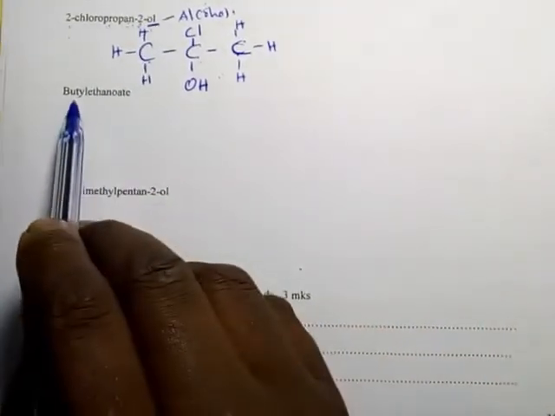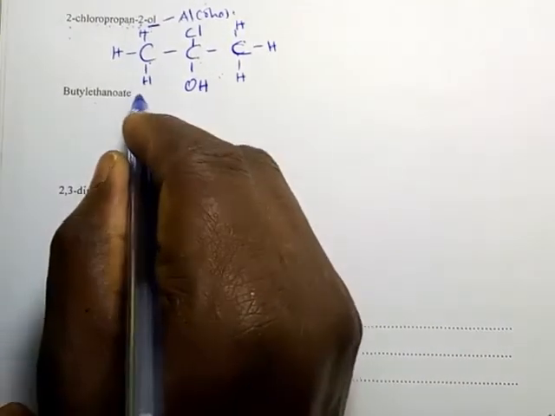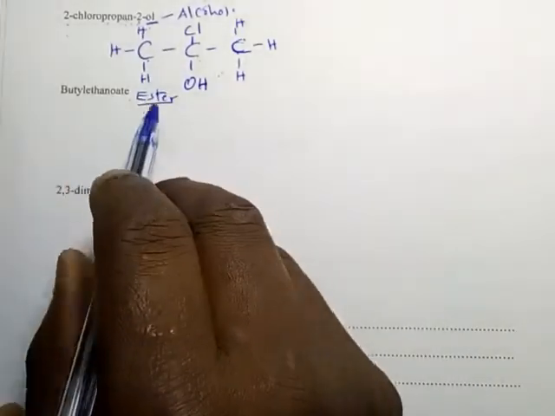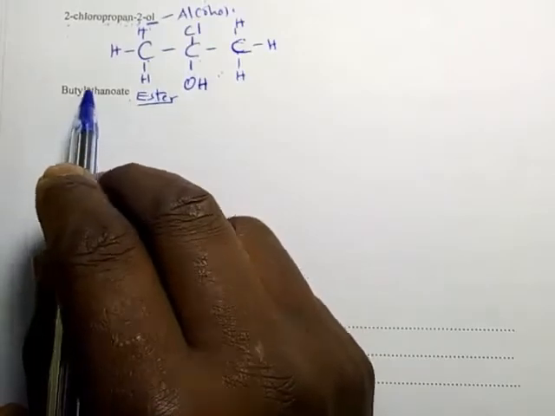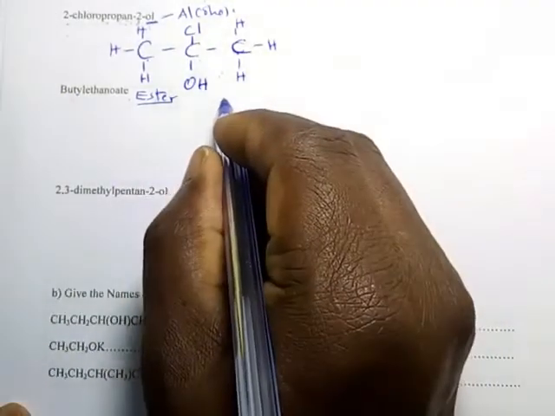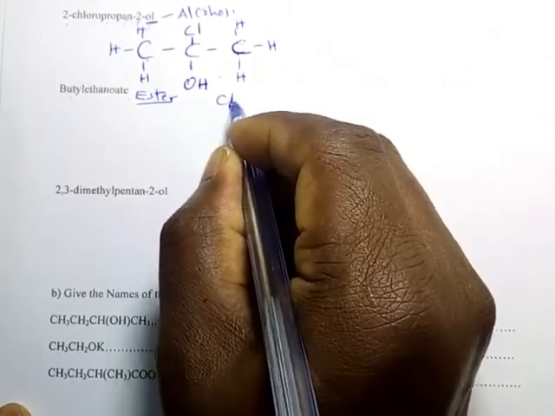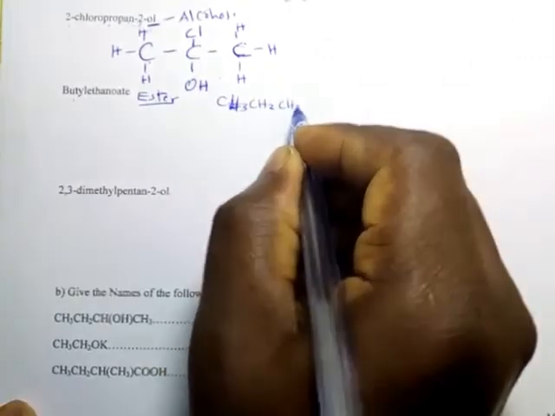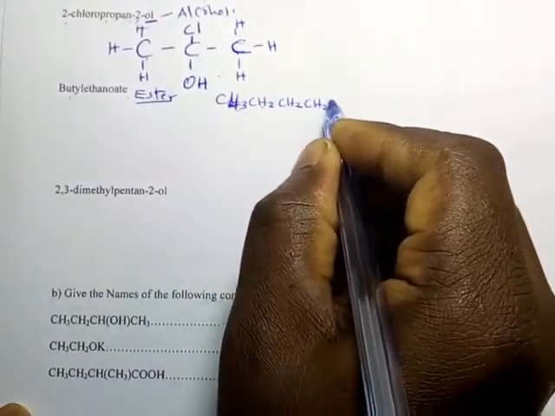Another one is butyl ethanoate. Butyl ethanoate is an ester. You should remember that. And remember, how do we form an ester? For example, butyl means butanol, CH3, CH2, CH2, CH2OH.